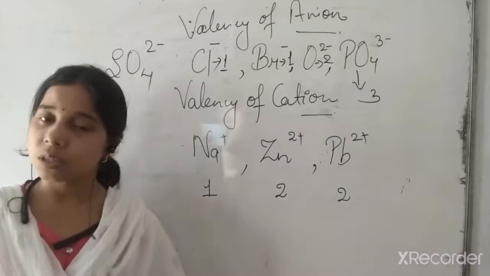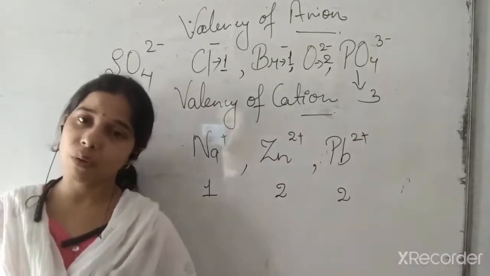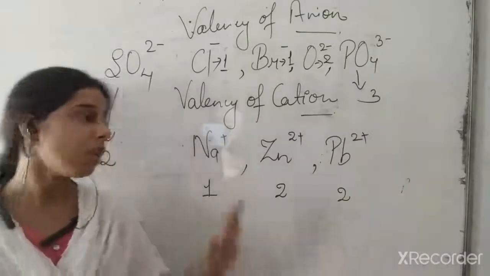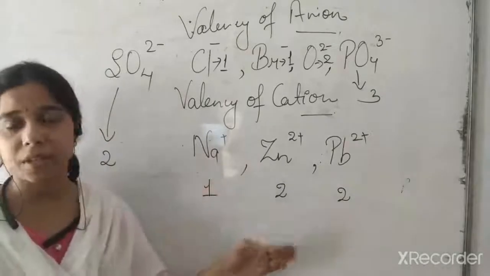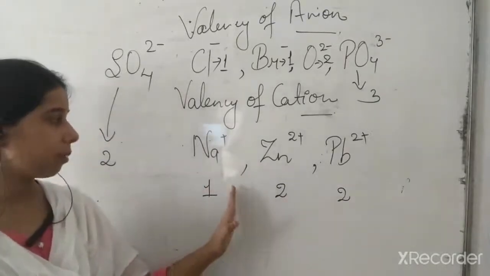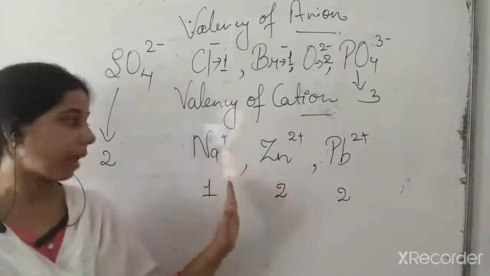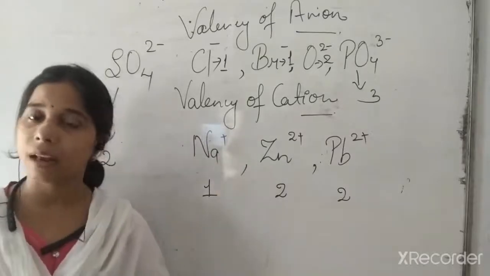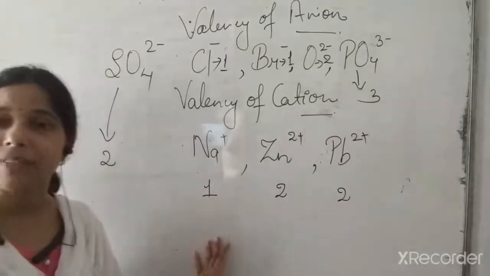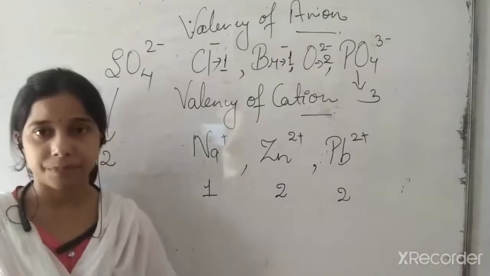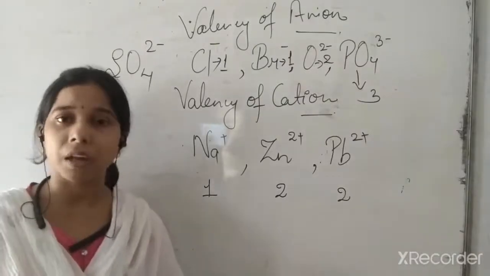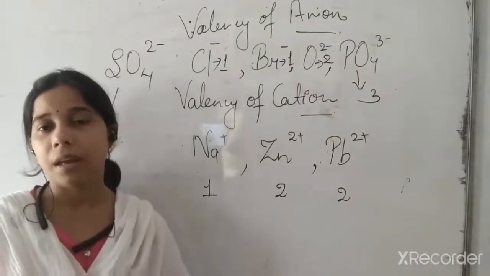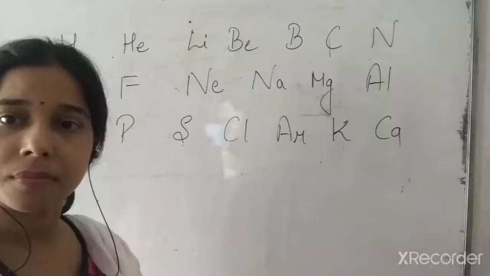So it is very easy to find the valency of an ion if the charge is mentioned. If you know the charge carried by the particular cation and anion, it will be very easy to find its valency. By this we are able to find the formula of any compound.